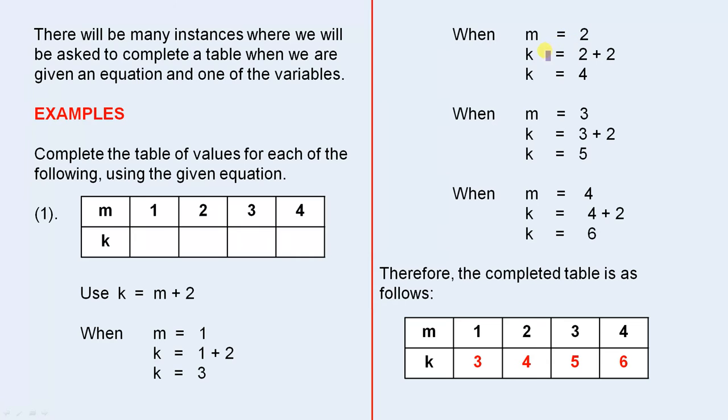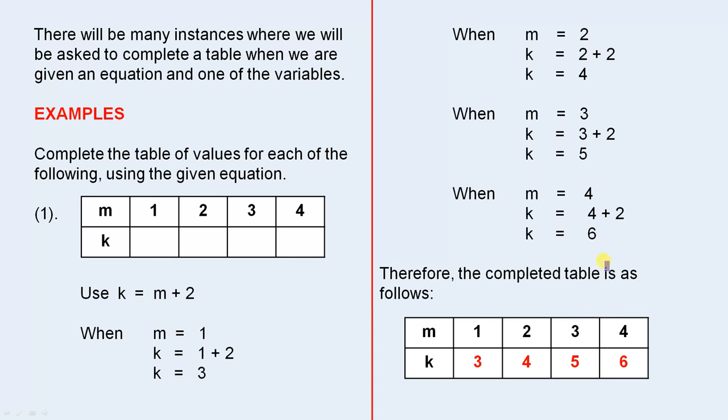When m equals 2, k equals 2 plus 2, therefore k equals 4. When m equals 3, k equals 3 plus 2, which is 5. And when m equals 4, k equals 4 plus 2, which is 6.